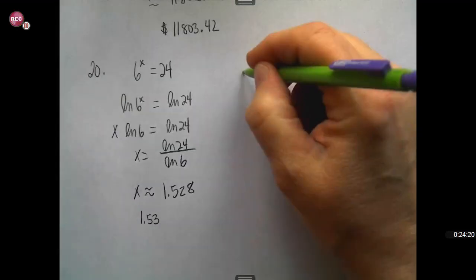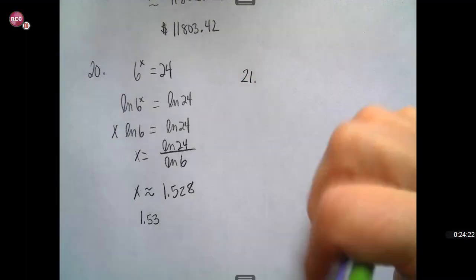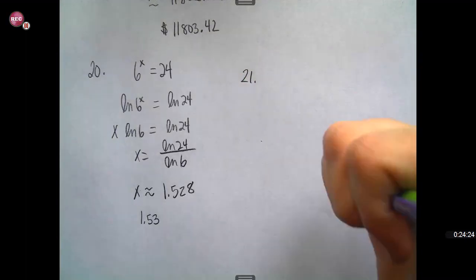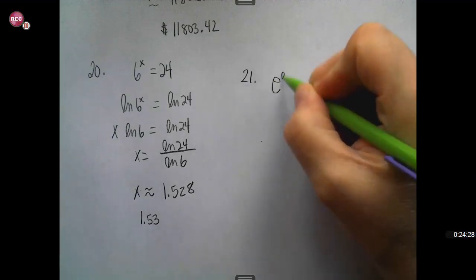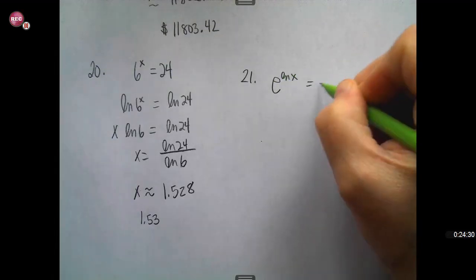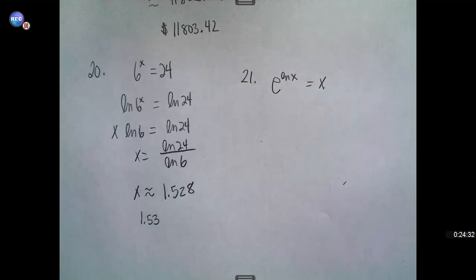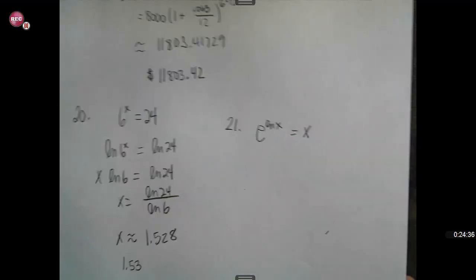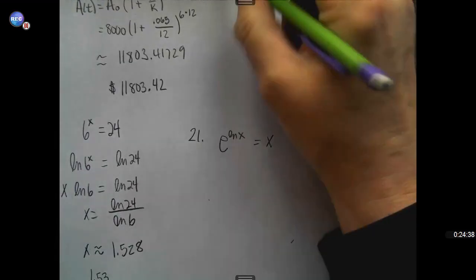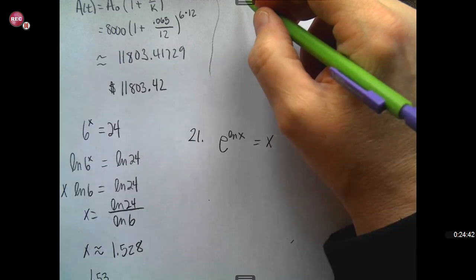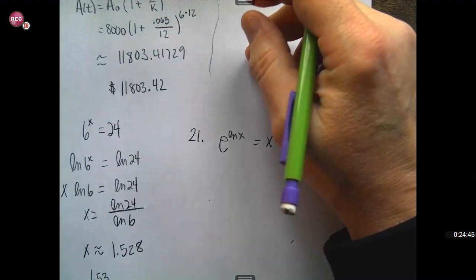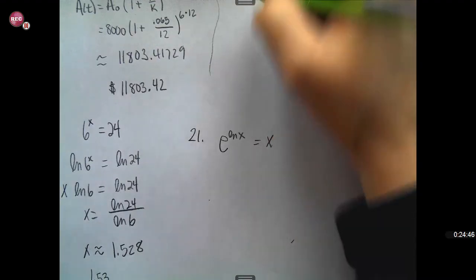Okay. And then 21, just to re-emphasize that, excuse me, e to the ln of x is x. And I was looking at that last sentence up above these problems, and I did not do the second part of 19, which is about how many years does it take to double your money.